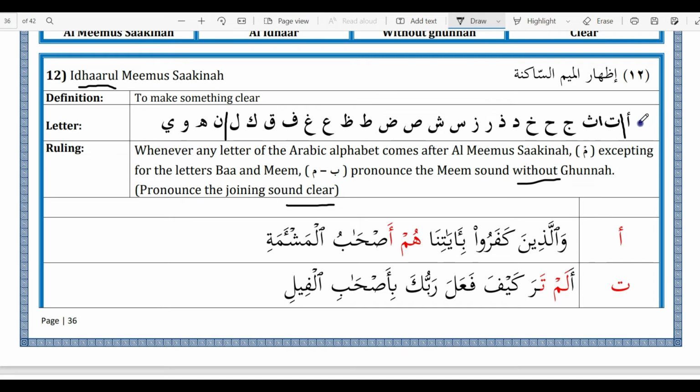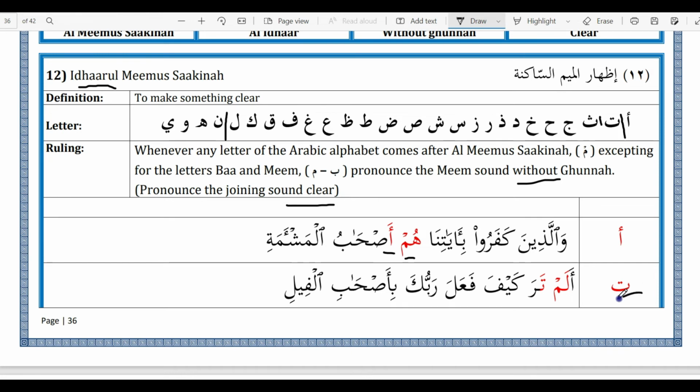Here we have alif, and alif comes after Meemus Saakinah, and we don't have to do anything. We just recite clear. So the ayah goes, هم أصحاب: والذين كفروا بآياتنا هم أصحاب المشأمة. Yeah, هم أصحاب المشأمة.